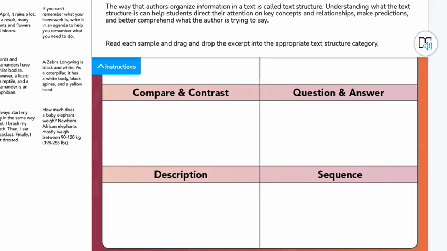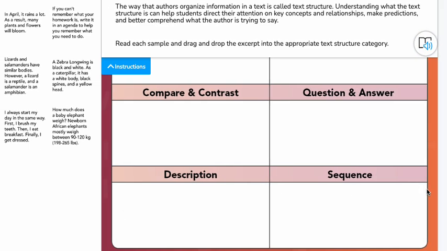All right, so let's try doing some comparing and contrasting and looking at different types of text structure. So I'm going to read the directions, and then I want you to kind of help me figure out what they could be. So it says the way that an author organized information in a text is called text structure.